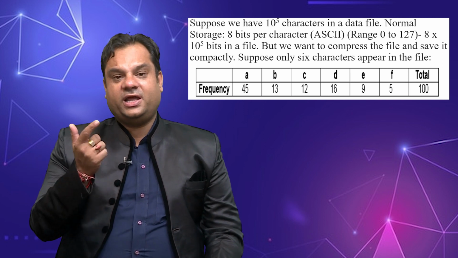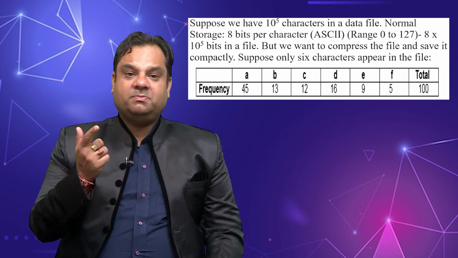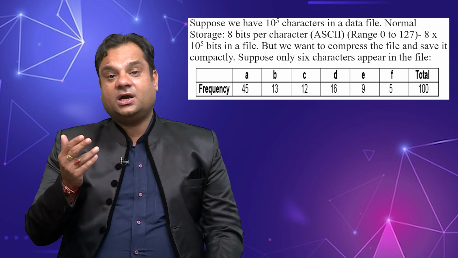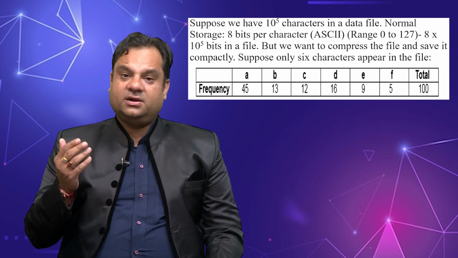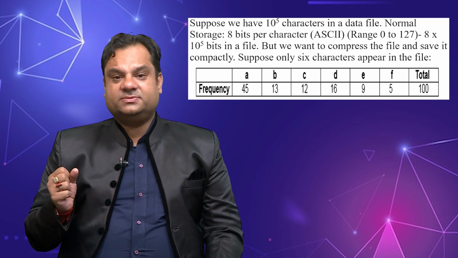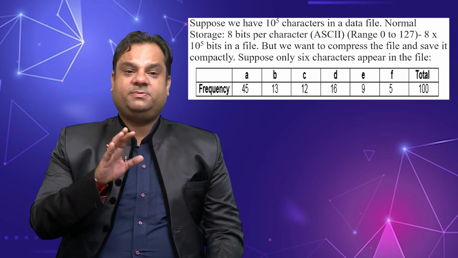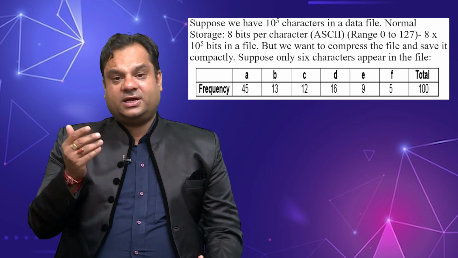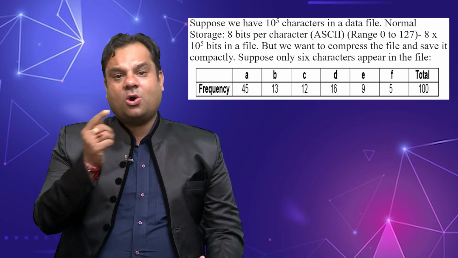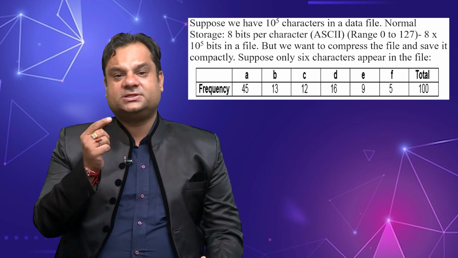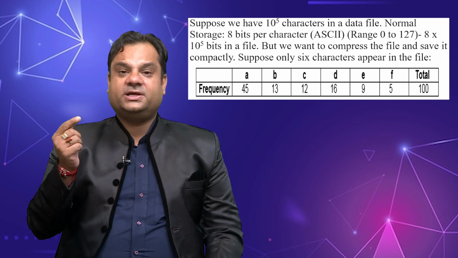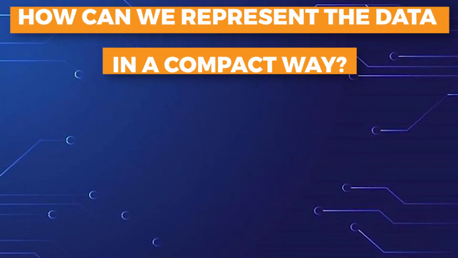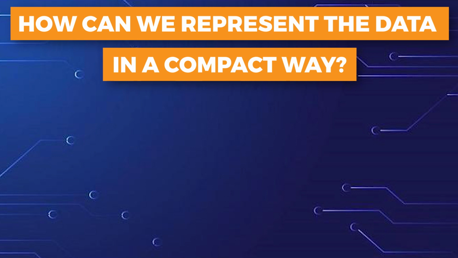The frequencies are given: A is 45 times, B is 13 times, C is 12 times, D is 16 times, E is 9 times, and F is 5 times. The total quantity of frequency of each character is obtained by adding 45 plus 13 plus 12 plus 16 plus 9 plus 5. So the total count of the frequency is 100. So how can we represent the data in a compact way?